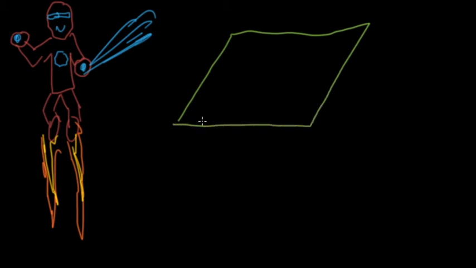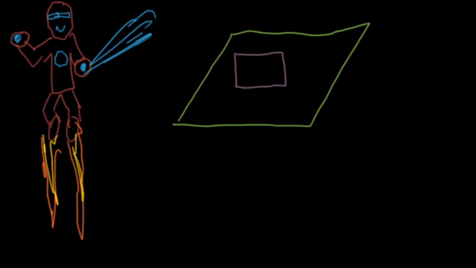Okay, so how are we gonna make this harder? Well, we're gonna go and do kind of a complex shape. So imagine I had a parallelogram, and inside my parallelogram I had a rectangle.